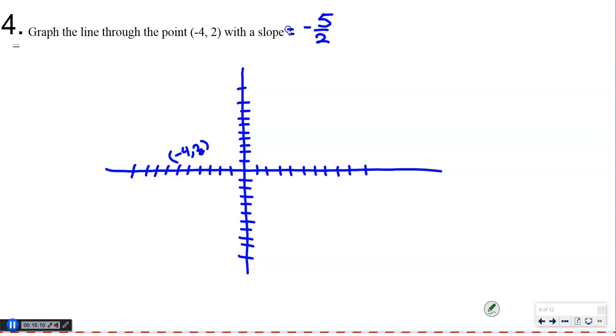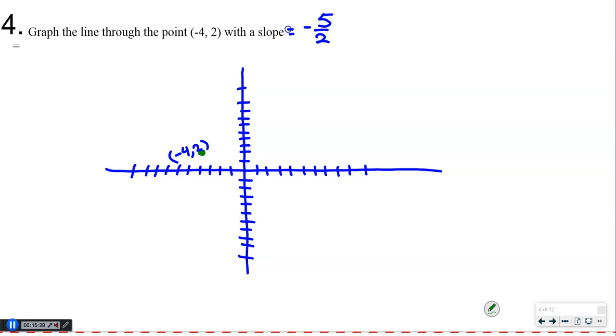So I'm going to start at that point, and I need to use my slope of negative 5 over 2. So that would be down 5 and right 2.